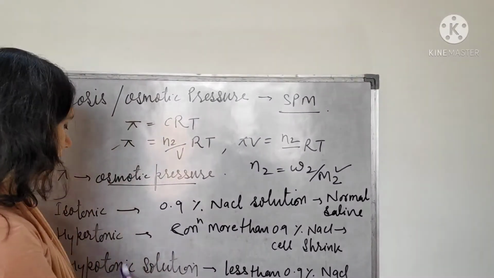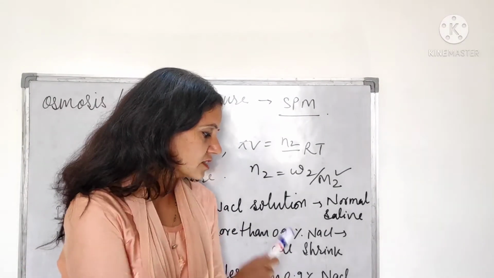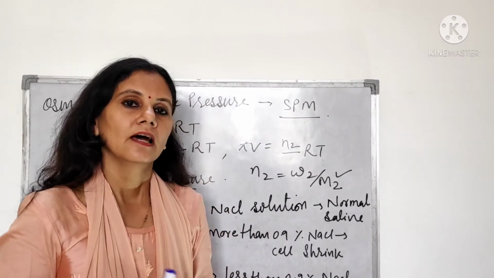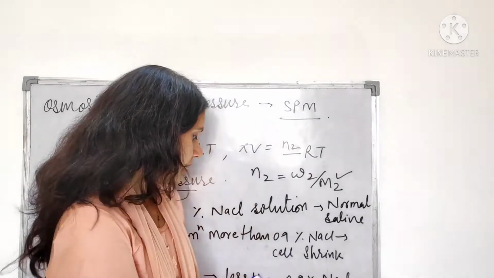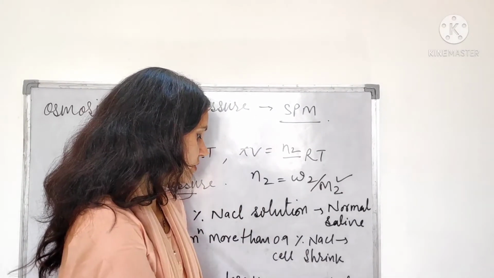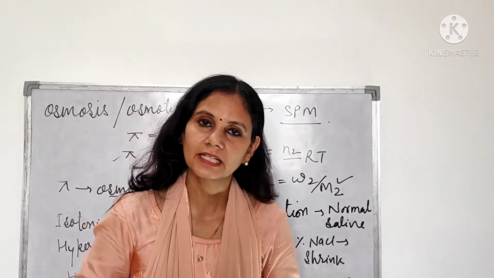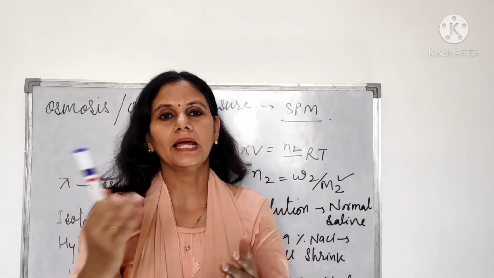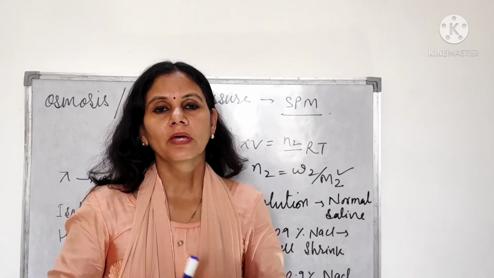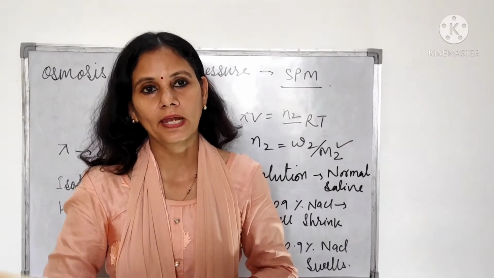Next is the hypotonic solution: if we keep the cell in a solution whose concentration is lesser than 0.9% NaCl, then water enters the cell from outside. So the cell will swell up.